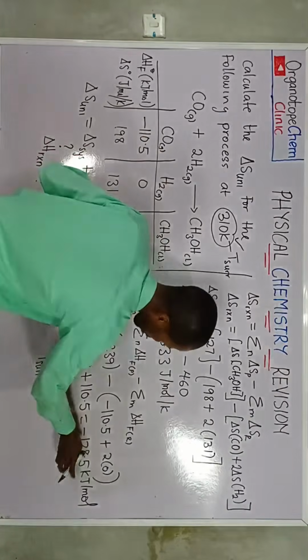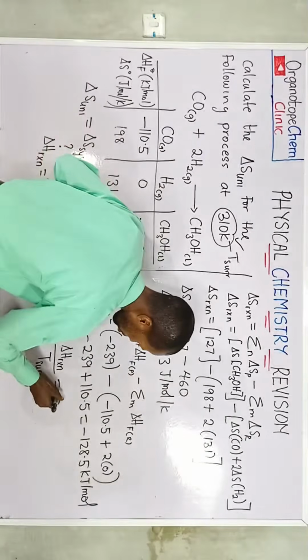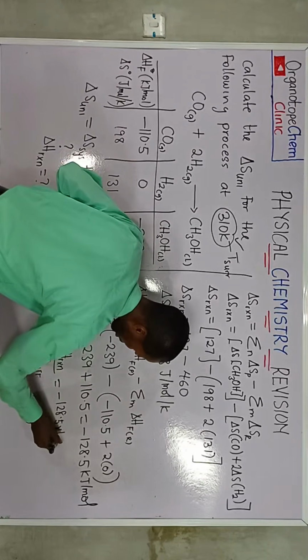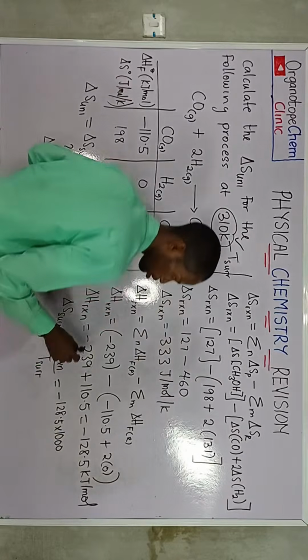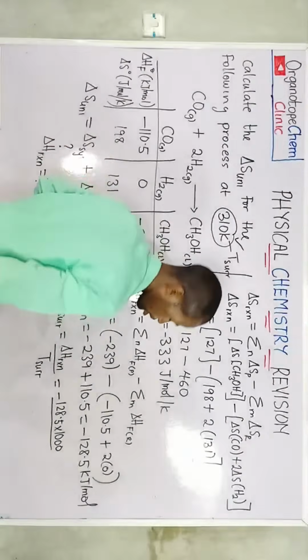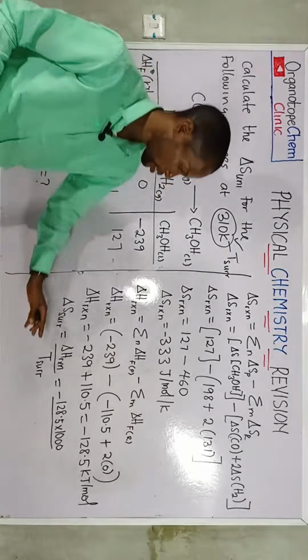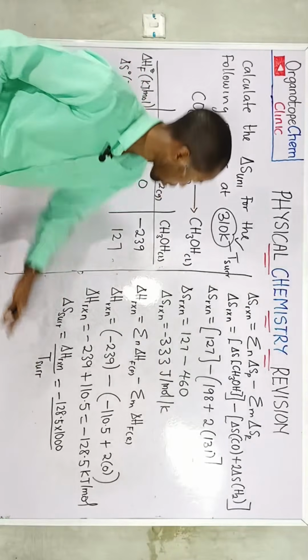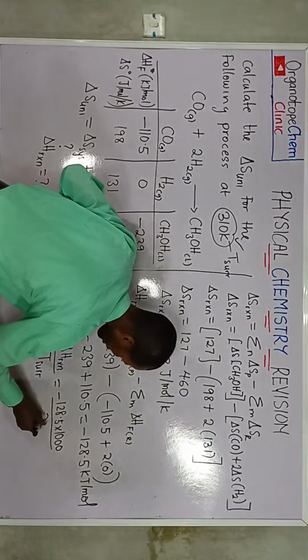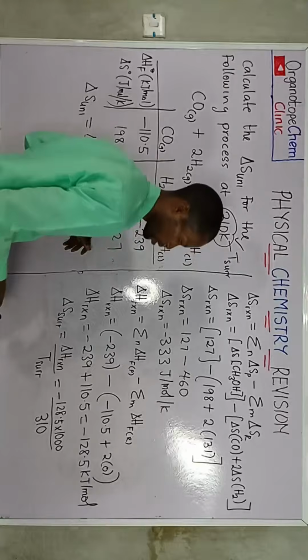So we are going to have minus 128.5 times 1000 in order to convert to joule per mole, divided by the temperature of the surrounding, which is 310 Kelvin.